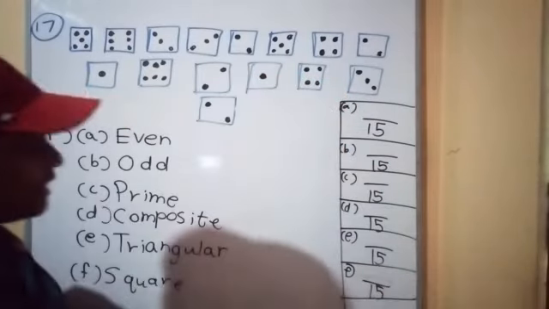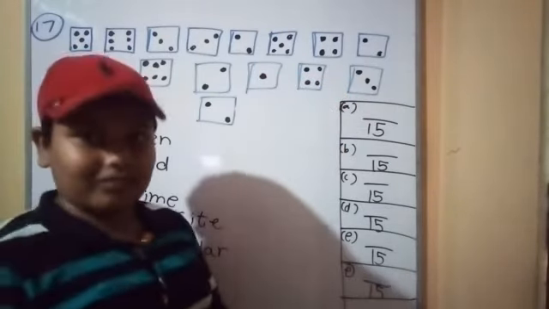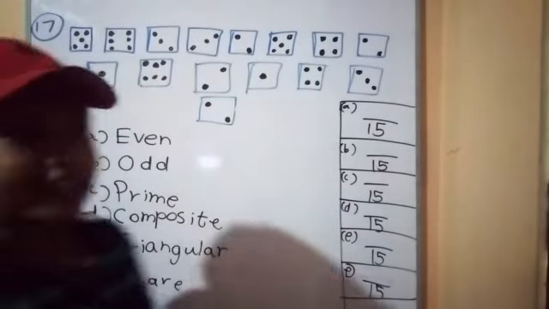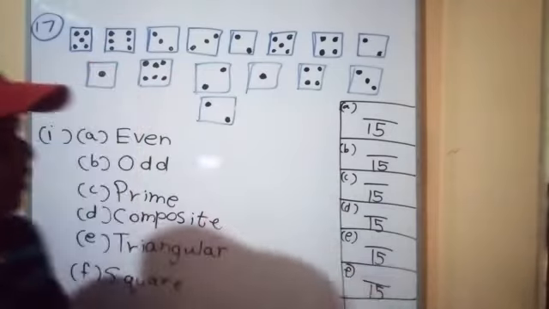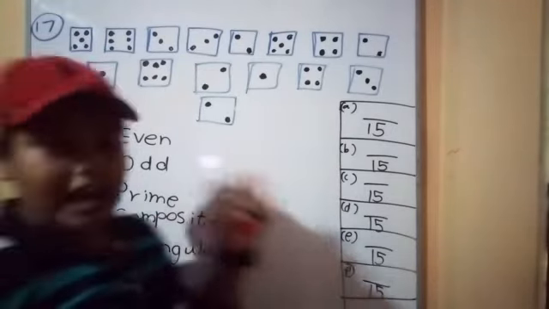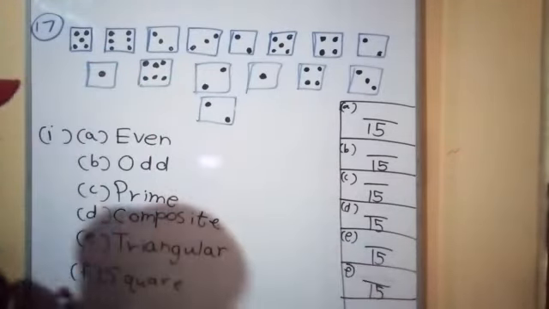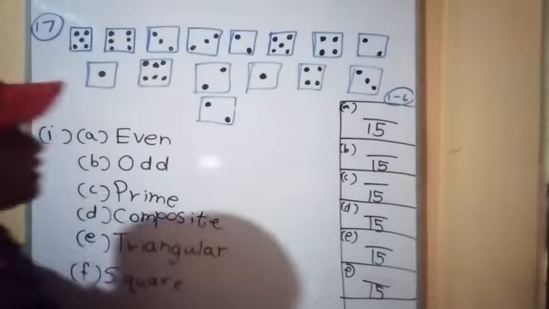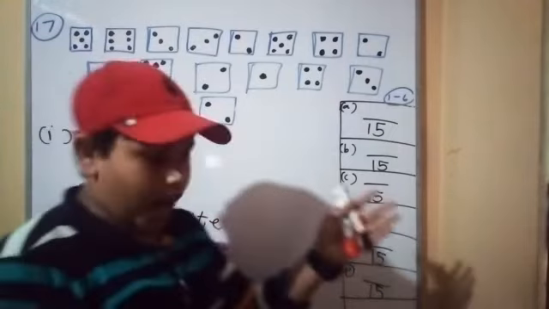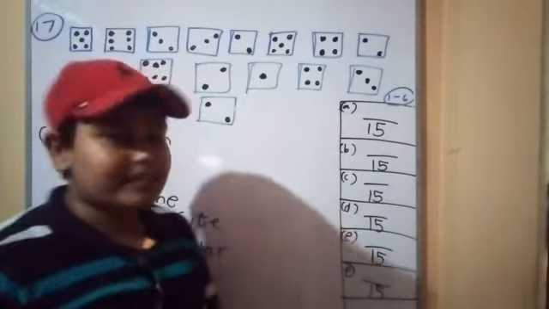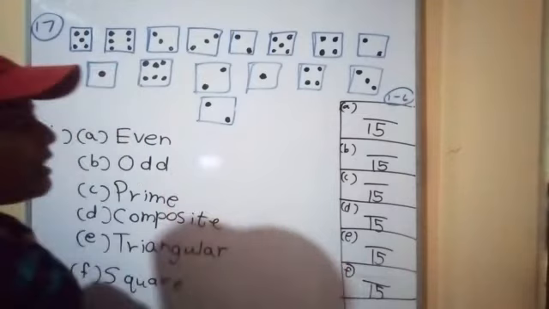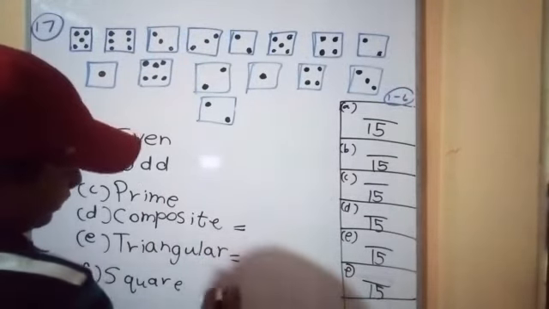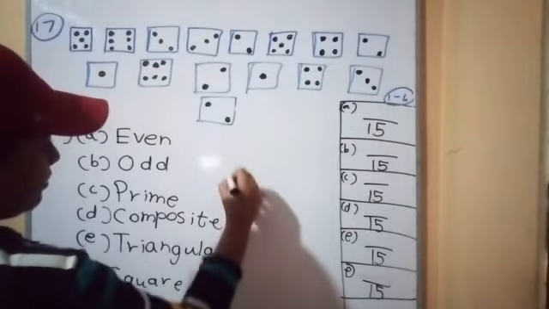Okay, now let's begin. What are the occurrences that are even? The cubic die has 1 to 6 only. How many of the 15 throws are composite, triangular, square, prime, odd, even?